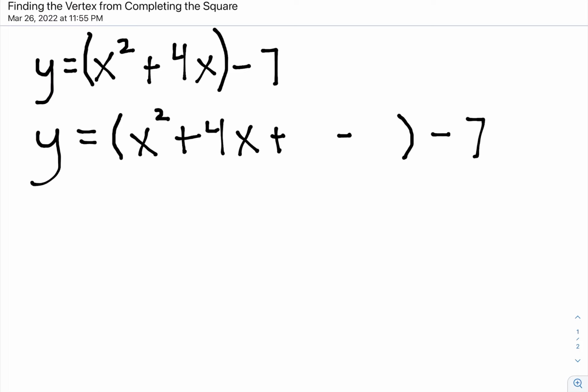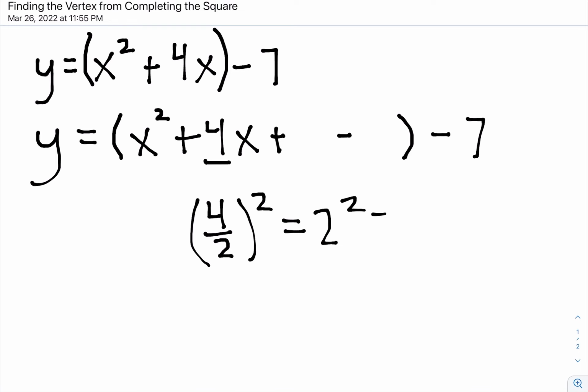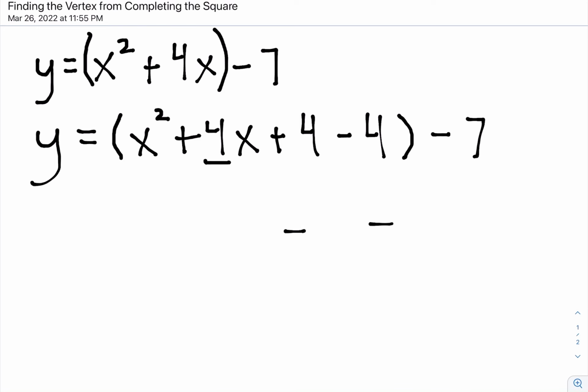All you need to know is you take the coefficient of the b term inside the brackets, right? You divide it by 2, so it's 4 divided by 2, and we're going to square it. Okay, so this equals 2 squared, and this equals 4. So the number we add and subtract is going to be 4. Okay, so now that we've added and subtracted 4, like I said, this is just going to be 0, so the overall value hasn't changed.